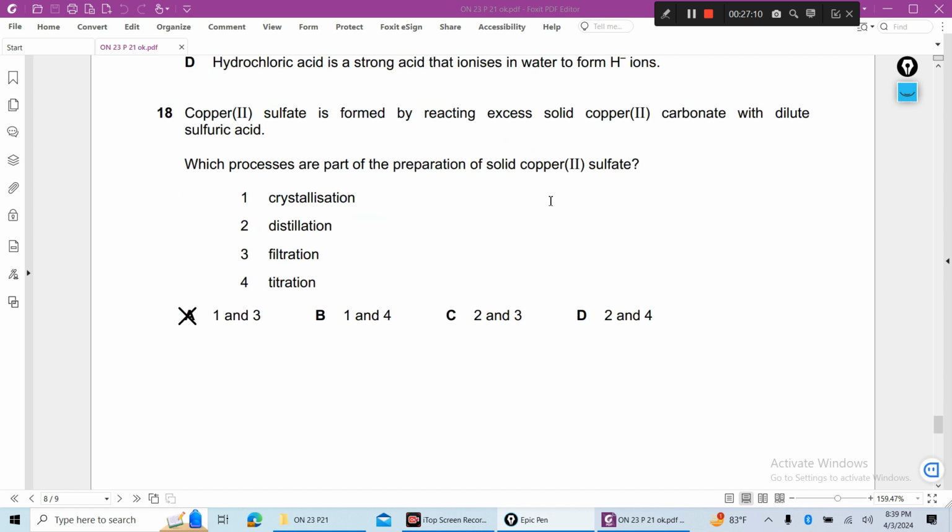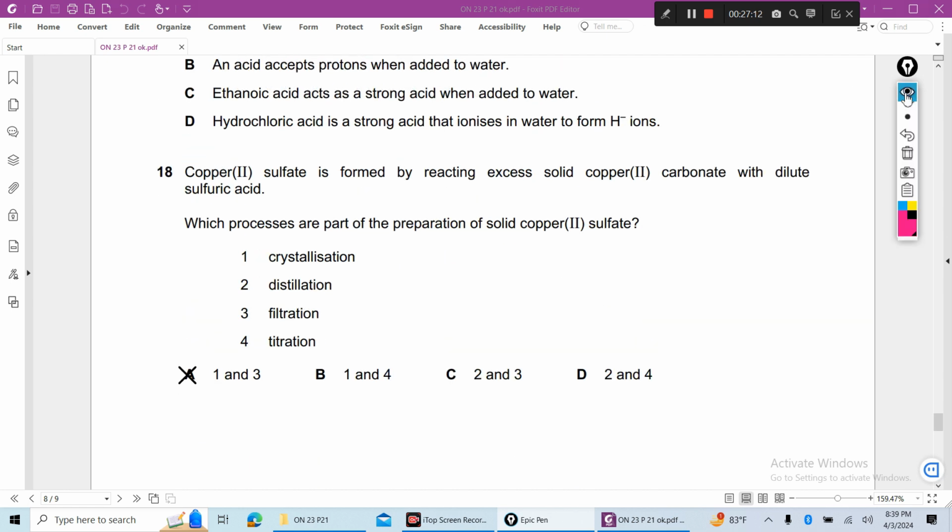Then number 18. Copper(II) sulfate is formed by reacting excess copper(II) carbonate with dilute sulfuric acid. So copper(II) carbonate reacts with dilute sulfuric acid to produce copper sulfate, carbon dioxide and water, a copper(II) sulfate solution.